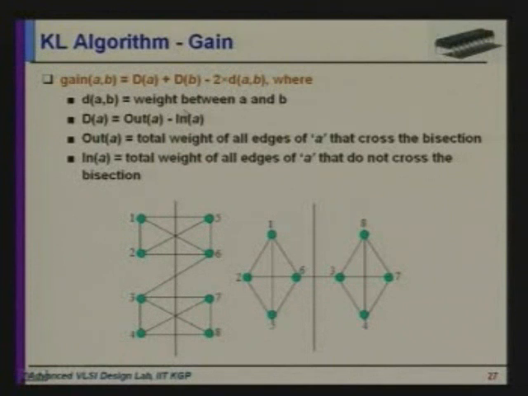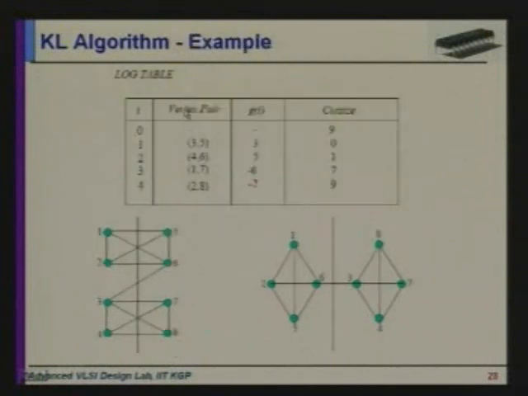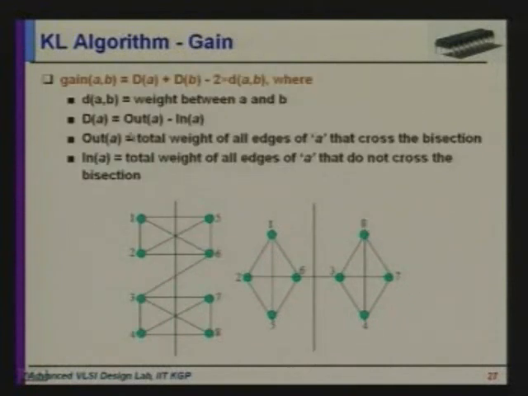So I made a mistake. Out of 3 is 2, right. Why? Because there are 3 emanating edges across the partition and 1 edge inside the partition. So out of 3 is 2, and D of 3 is 2 and D of 5 is 1.